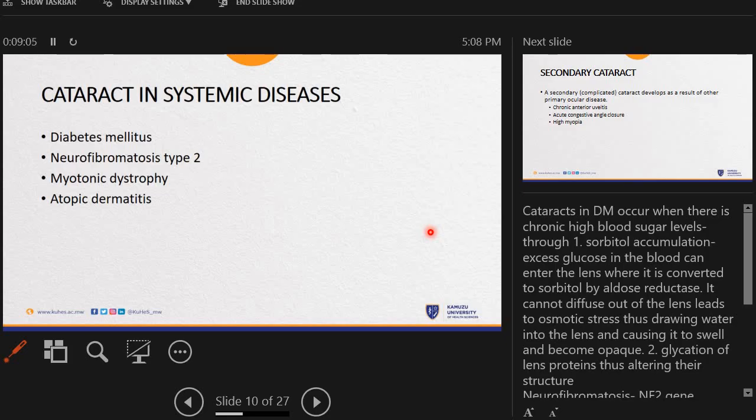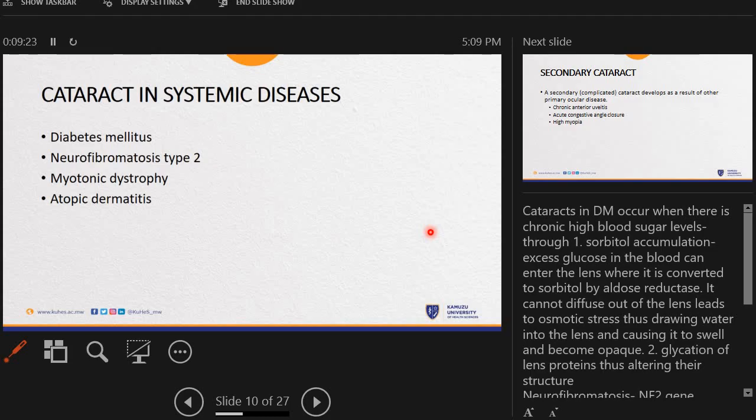This sorbitol cannot easily diffuse out of the lens, and it creates an osmotic stress, drawing water into the lens, so the lens swells up and becomes opaque, thus forming a cataract.